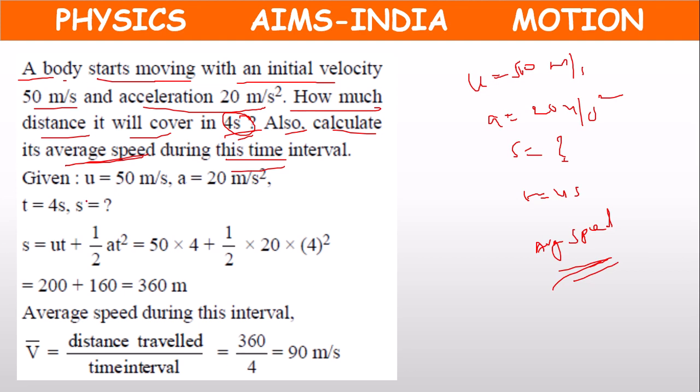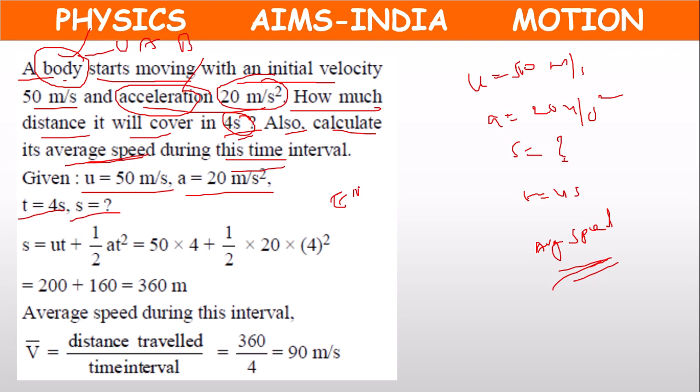So given that u value 50, a value 20, t value 4 seconds, we have to find S, because the body is moving with the acceleration 20 meter per second square, which is uniform. So the body is an example of a uniformly accelerated body. For these kinds of bodies, we can apply equations of motion.